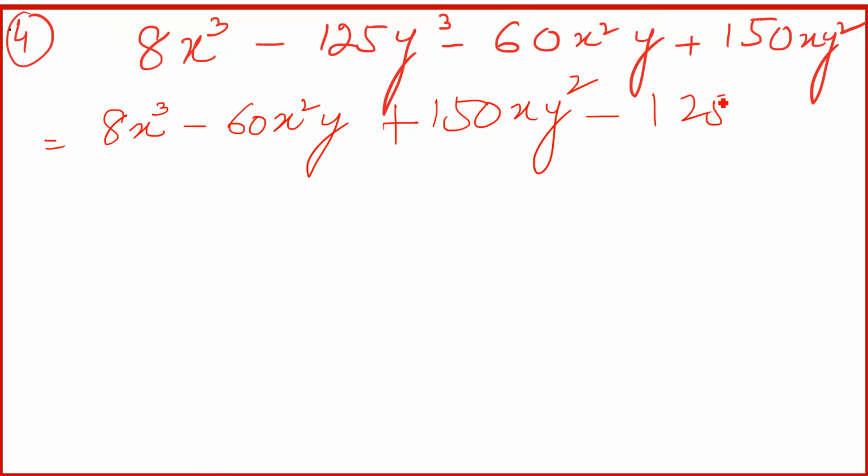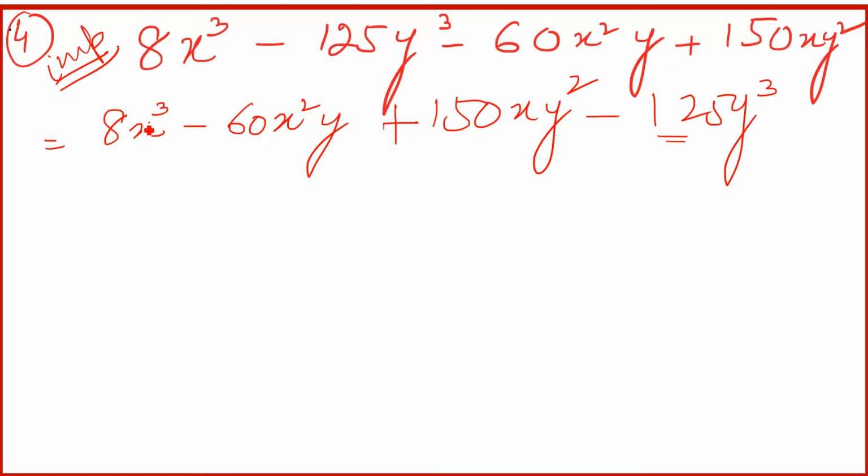So this is an important question. If I say important, it means you have to practice 10 times, because this question will come in the exam. For this you have to arrange. So why I have mentioned minus 60x squared here, not this minus 125, because 125 is the cube of 5, and we want the cube in the last term, cube in the first term. 60 is not a cube.